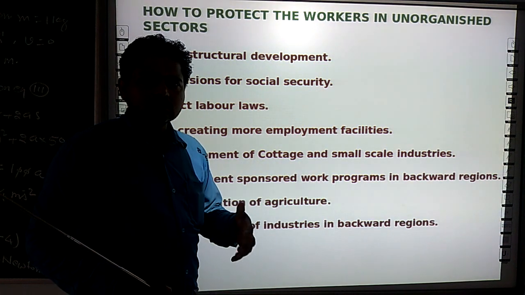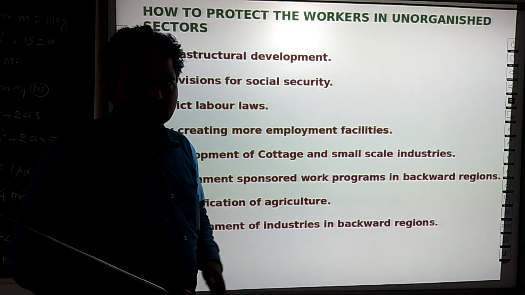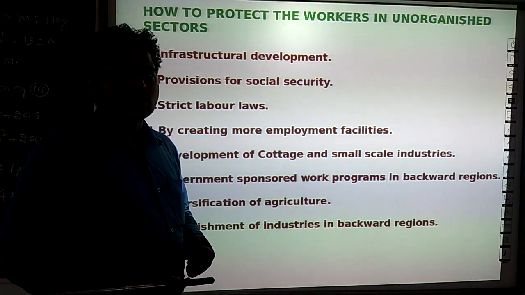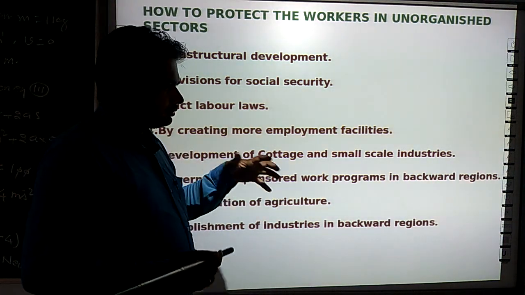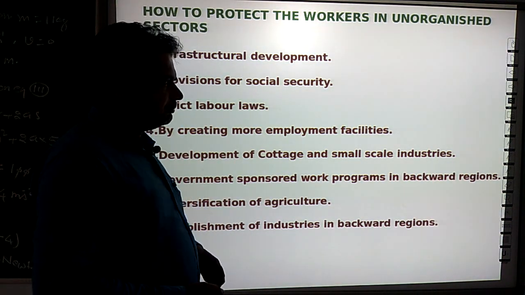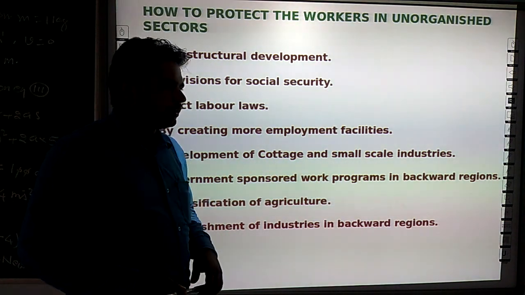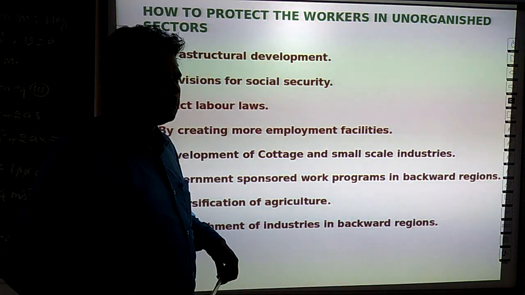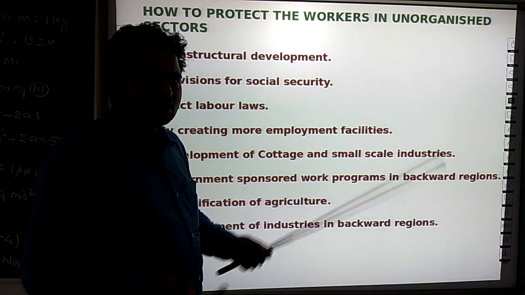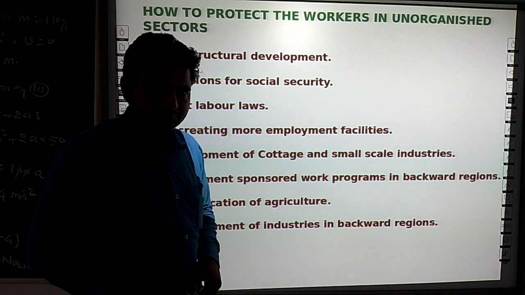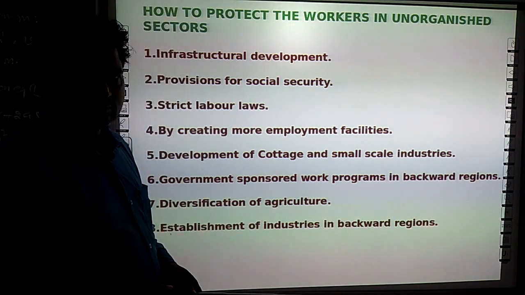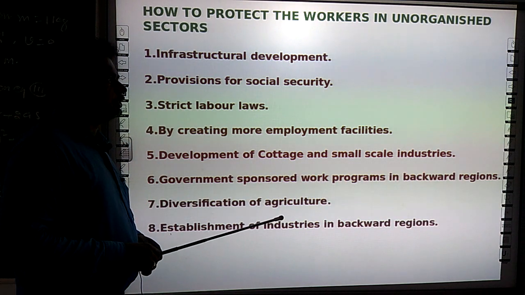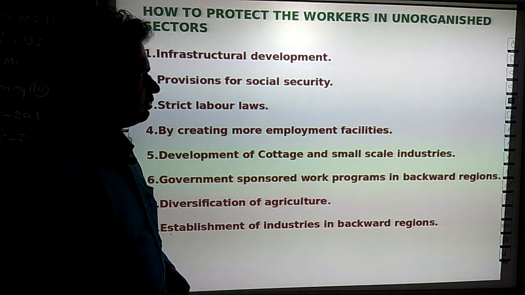After some time the winter season starts, and suddenly the demand for woolen clothes increases, which cannot be met by organized sectors. So various small factories start functioning to produce sweaters and woolen clothes. As the season gets over, the factories get closed. Such factories are included under unorganized sectors.